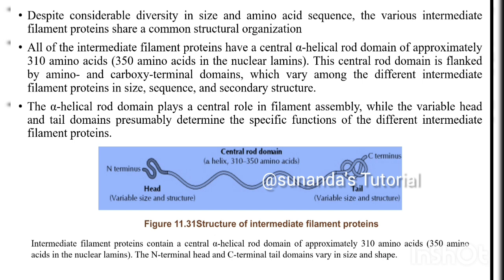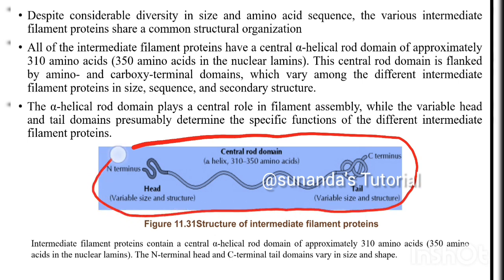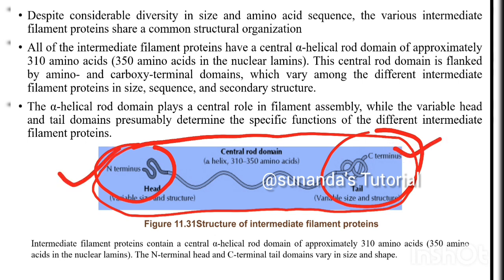This central rod domain is flanked by an amino terminal and a carboxy terminal domain. So this is the basic structure of an intermediate filament protein with N terminus and C terminus. One is the amino terminus, one is the carboxyl terminus.